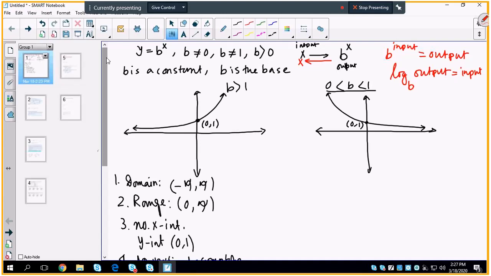So now we're going to formally define a logarithmic function. If y is equal to b to the power x, then log of the output, which is y, with respect to the same base b, is the input x.